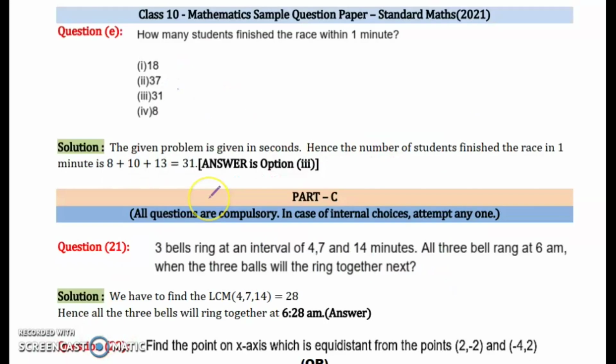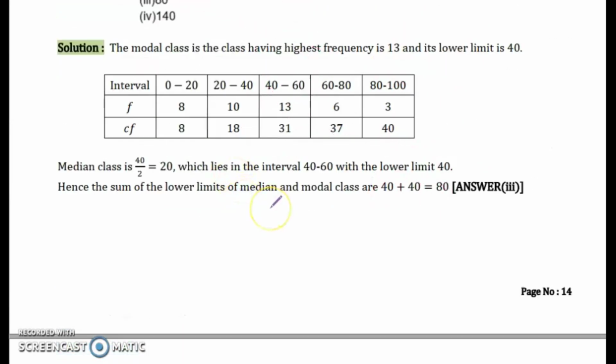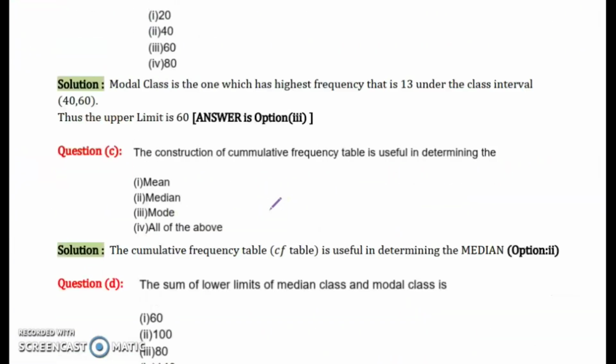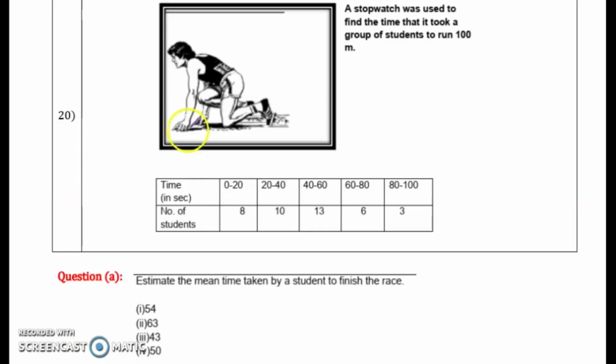Right? The next question. How many students finish the race in 1 minute? This is a very simple question. See the table now. Time is specified in seconds: 0 to 20 seconds, 40 seconds, 60 seconds, right?